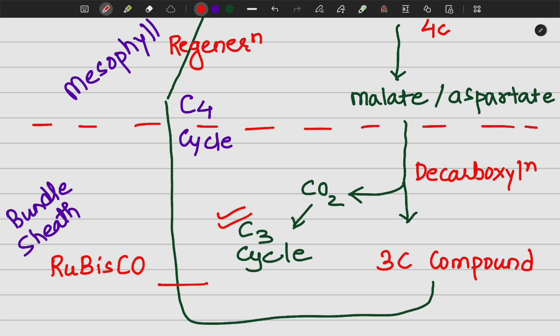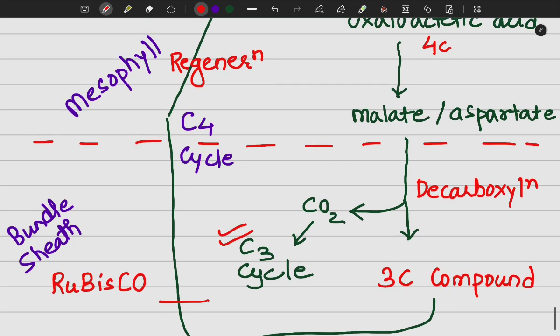And the main reason why all this happens in mesophyll and bundle sheath separately is to avoid photorespiration. The C4 plants try to avoid photorespiration, and that is why this special type of adaptation is found in them, which is Kranz anatomy, and the C3 and C4 cycle both will occur.